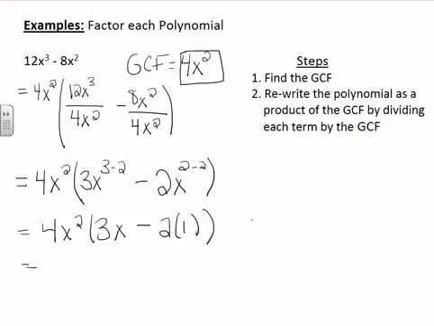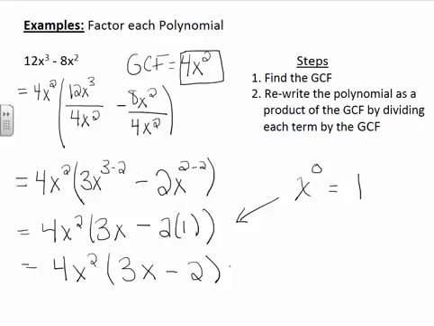As an aside, I'll just remind you that x to the 0 is equal to 1. And then we round this out with 4x squared, bracket 3x minus 2. That is our factored version of the polynomial above.